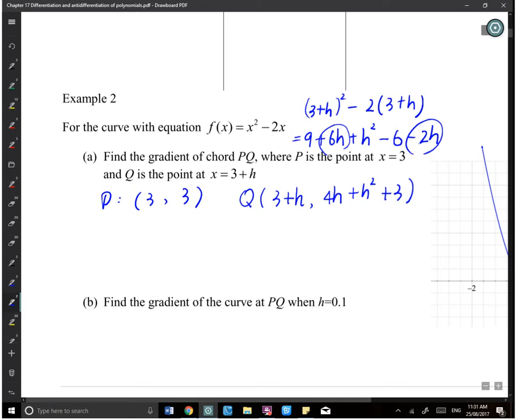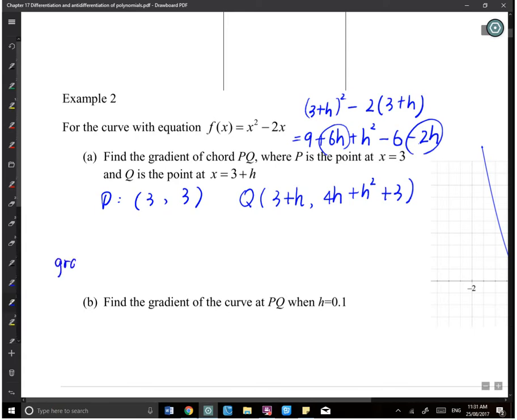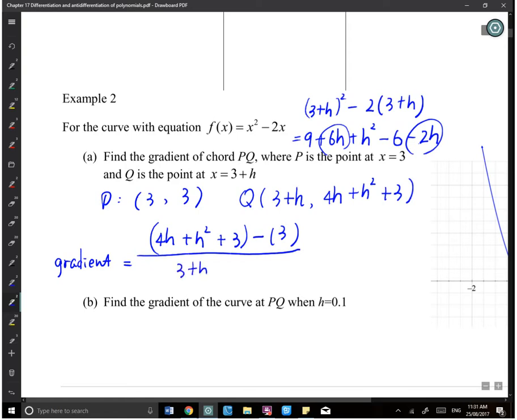Okay, I still use y2 minus y1 for the gradient. That equals 4h plus h squared plus 3, that's y2, minus y1, that's the 3, over x2, which is 3 plus h, minus x1, which is 3. So the bottom is h. The top is 4h plus h squared.